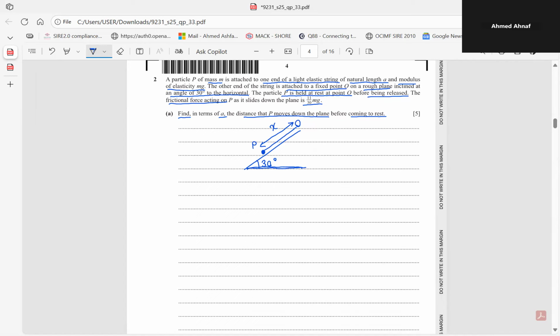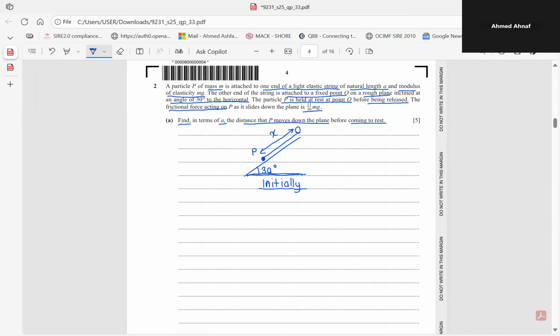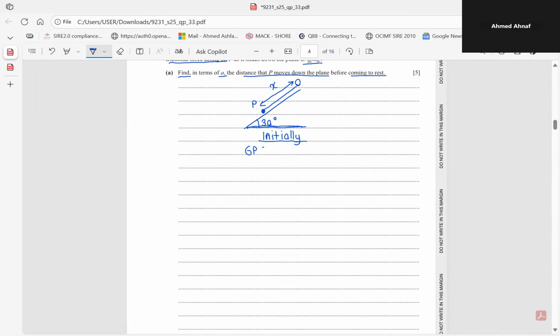Okay, so let's start. Initially at O, the string is not stretched. It's not moving because it's held at rest.